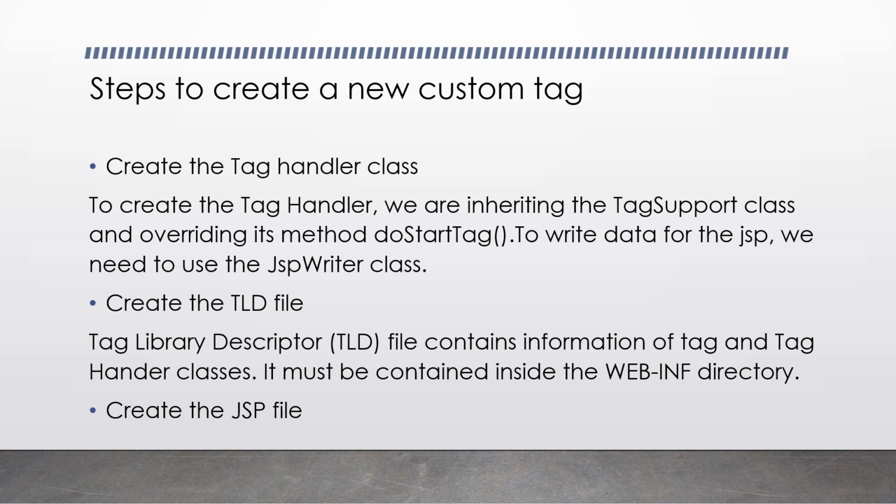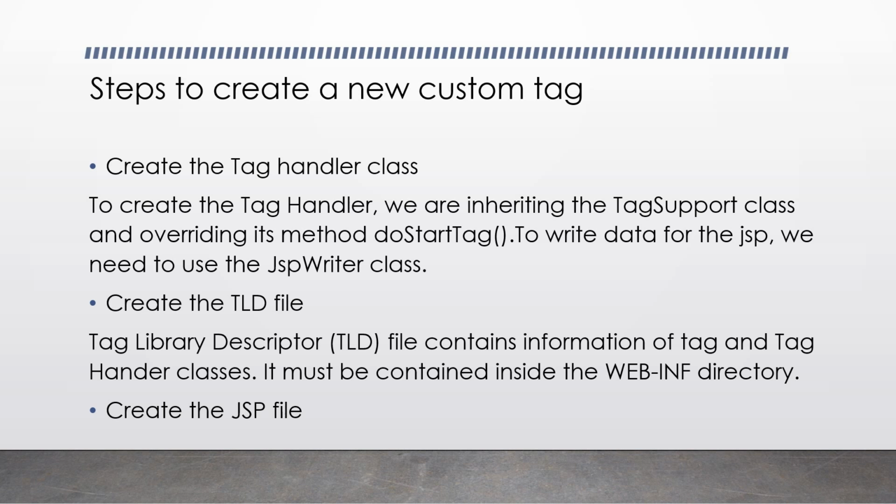To create the tag handler, we have to inherit the TagSupport class and override its method doStartTag. To write data to the JSP, we need to use the JspWriter class as well, and we have to create the TLD file, or the tag descriptor file. The tag library descriptor file contains information about the custom tag that we are going to create.